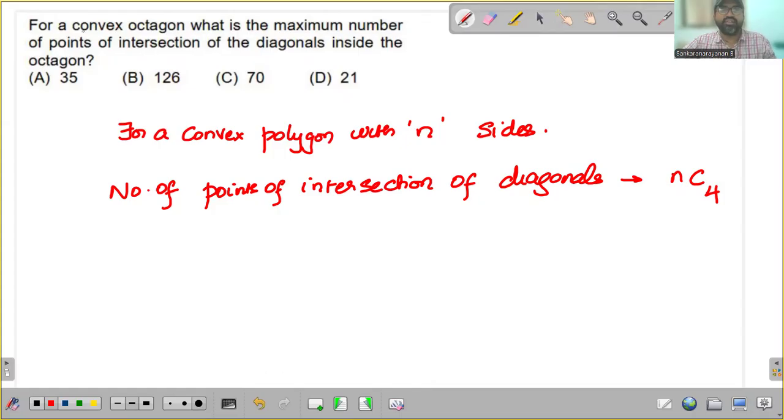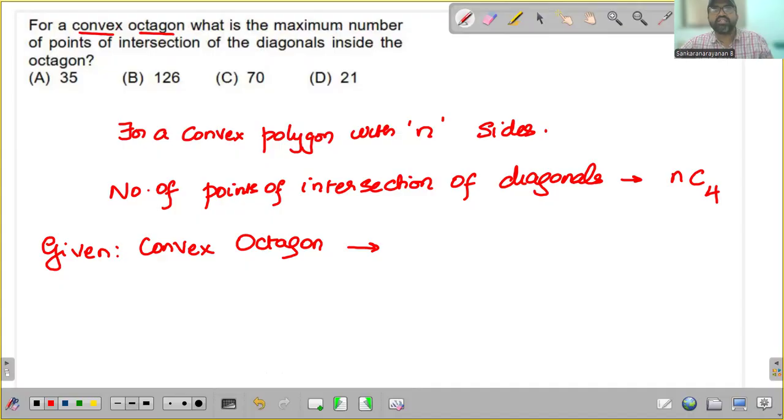Now we are dealing with a convex octagon. We want the maximum number of points of intersection of the diagonals inside that octagon. That is equally important.